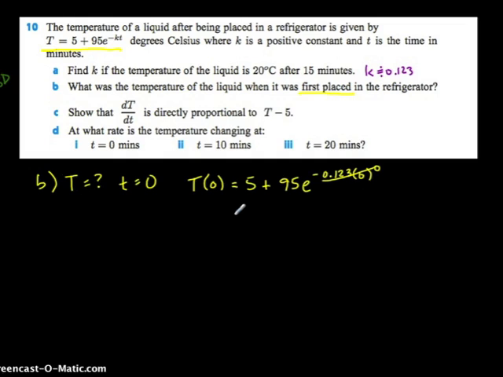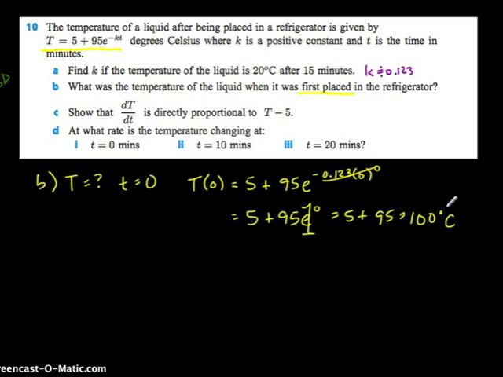If I rewrite that here, I've got 5 plus 95 e to the 0. Anytime I see e raised to the 0th power, or anything raised to the 0th power, it's automatically a 1. So that means I have 95 times 1. So I'm dealing with 5 plus 95, and that gives me a nice round 100 degrees Celsius. So that's the temperature of our liquid when it was first placed in the refrigerator.